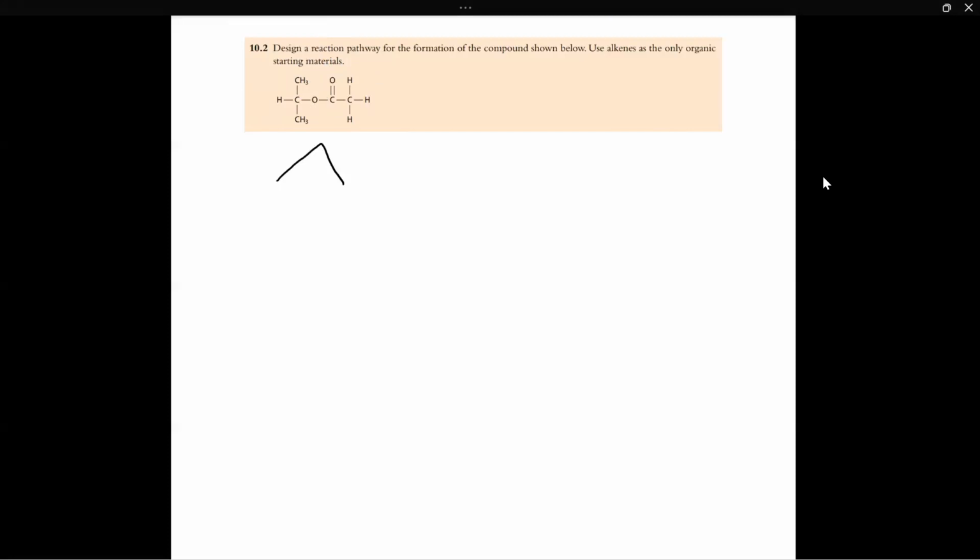Well, esters are made up of carboxylic acids and they're made up of alcohols. Hopefully I'm spelling this right. So when you add alcohols and carboxylic acids together, you get esters.